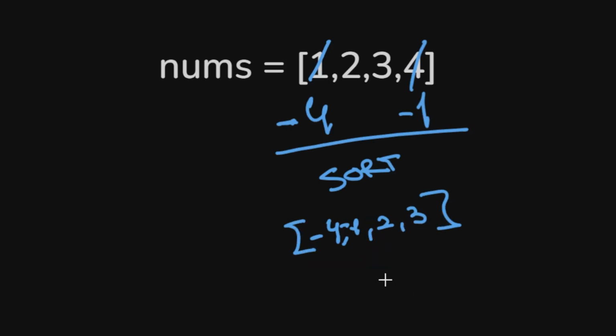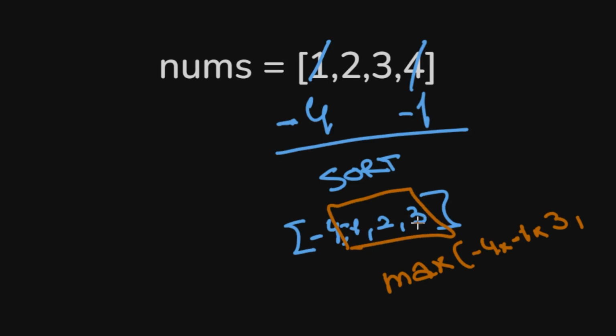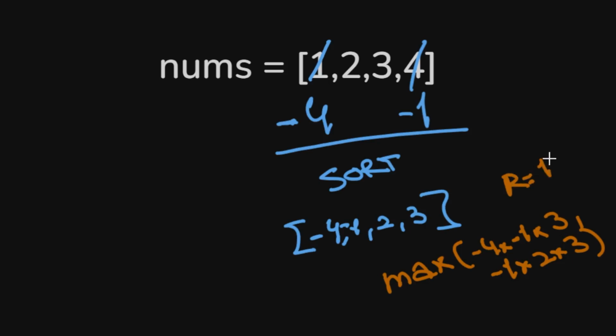So we take the maximum between the product of the first two elements and the last one, meaning -4 times -1 times 3, and the product of the last three elements, meaning the largest three elements, -1 times 2 times 3. 4 times 3 is 12, and -1 times 2 is -2, times 3 is -6. So the maximum would be positive 12. The final result in this case would be 12.